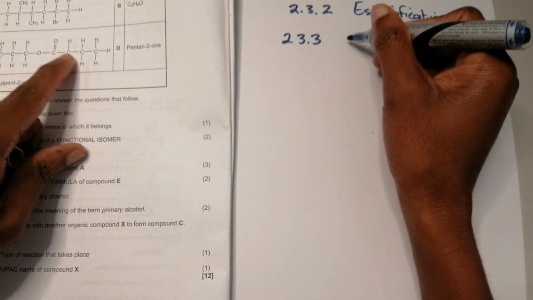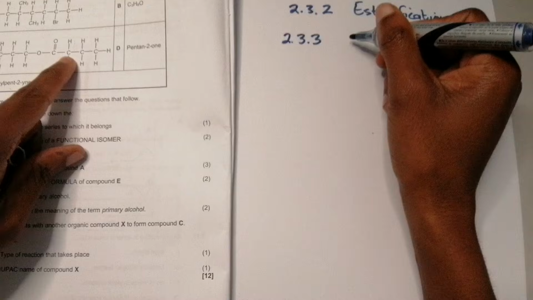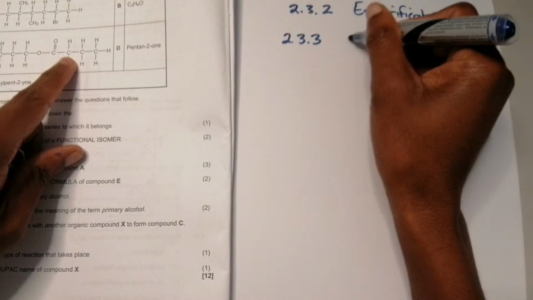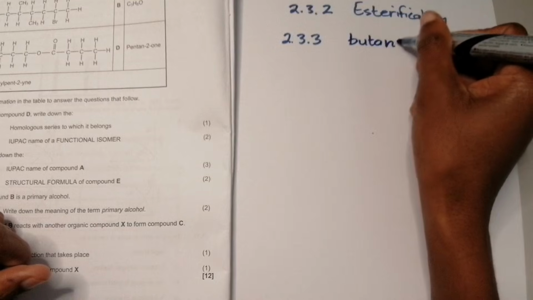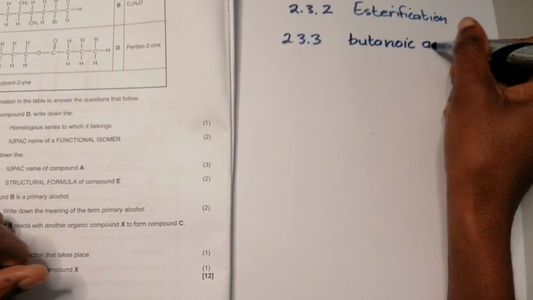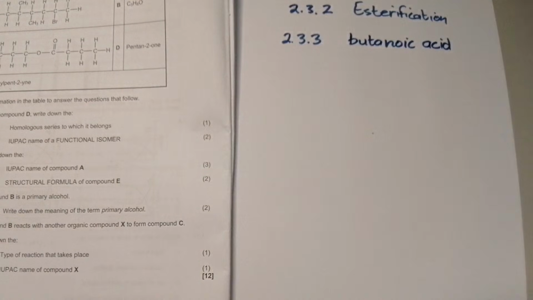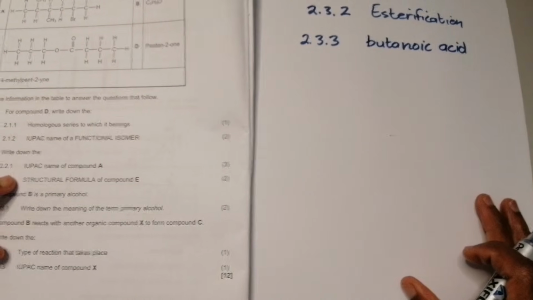What is that carboxylic acid? It must have 4 carbons, so that's going to be butanoic acid. By the way, just to show them we know our stuff.